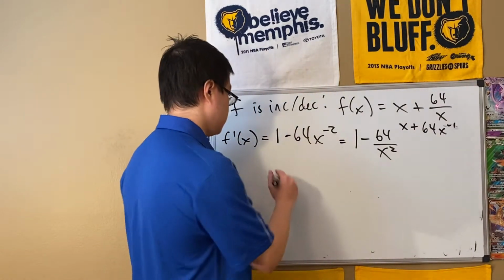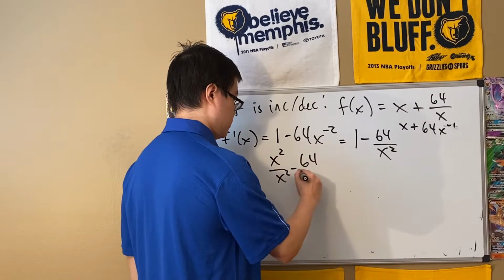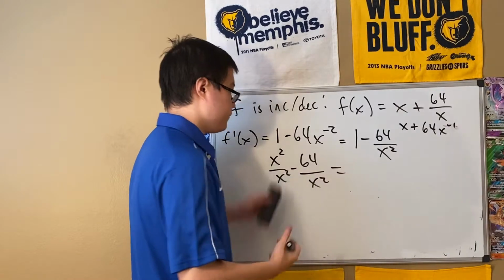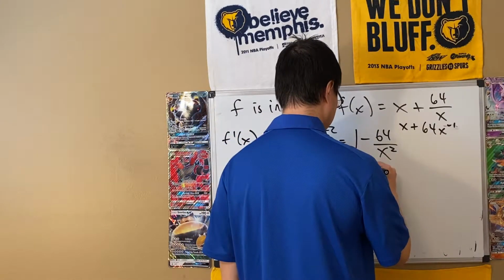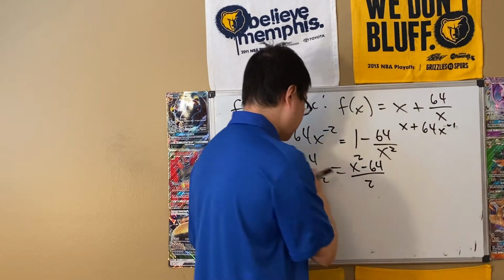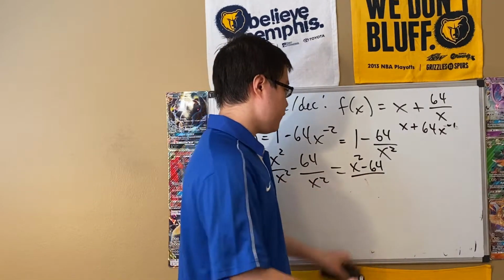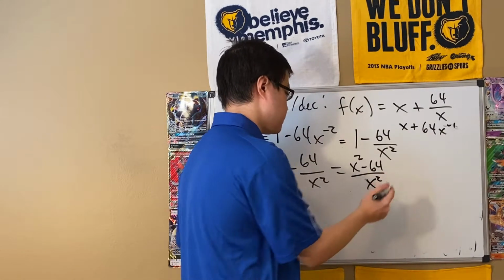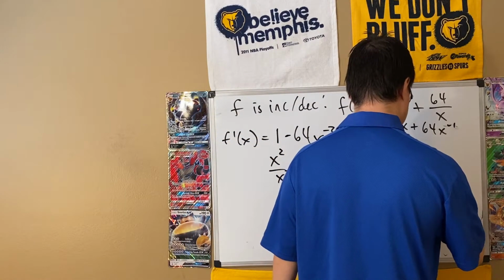So it's x squared over x squared minus 64 over x squared. Now, again, it's just a little bit of fraction work. I know fractions are the worst, but I think we'll be fine. We're combining these guys. That's what the common denominator allowed us to do. And then finally, we are going to factor the top here, just the difference of squares. So it's going to be x minus 8 times x plus 8.